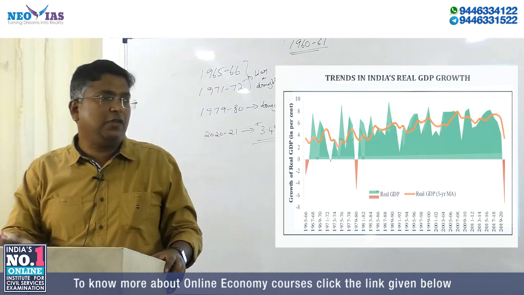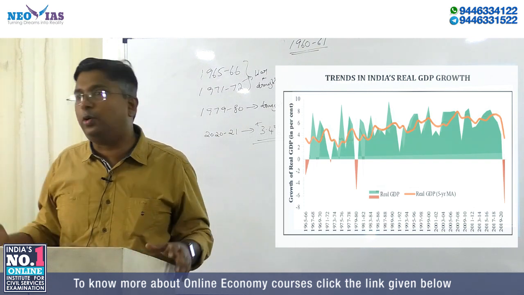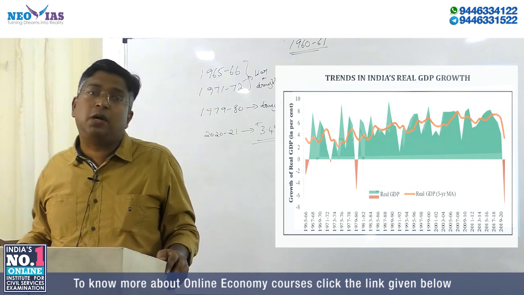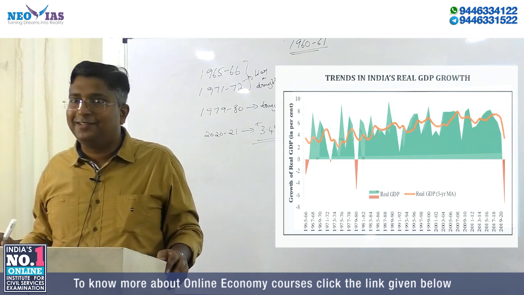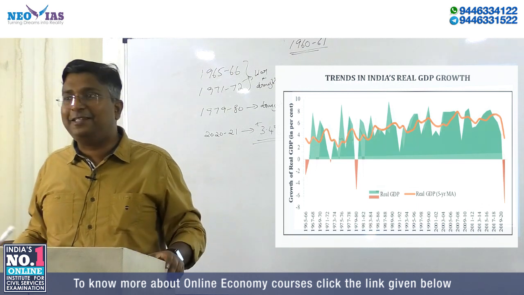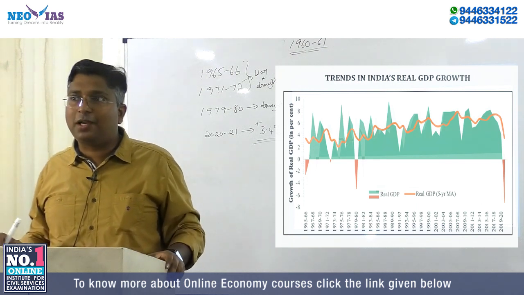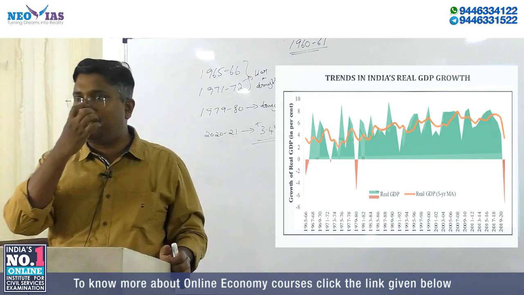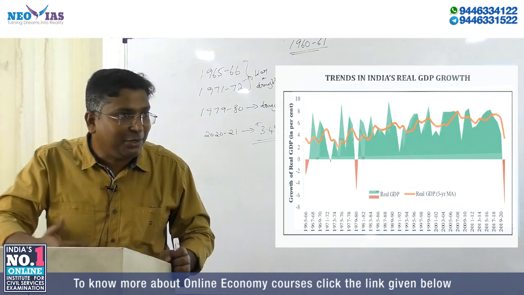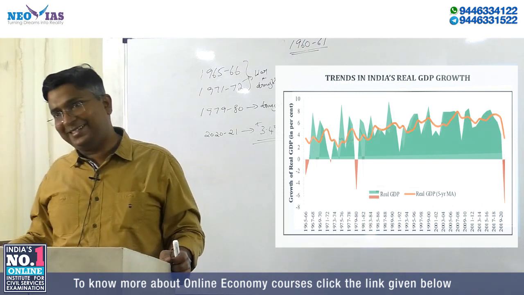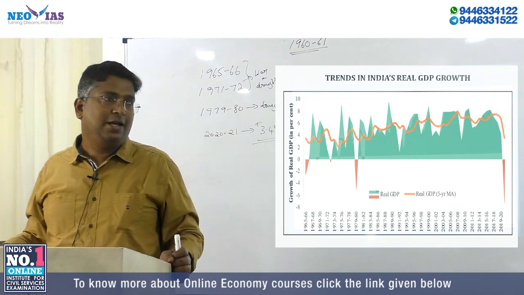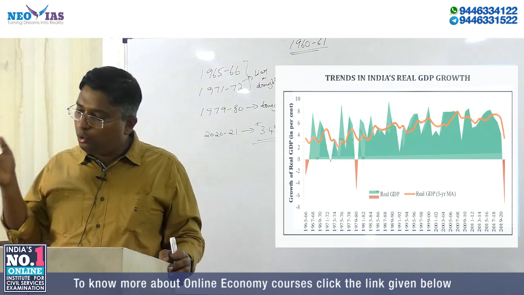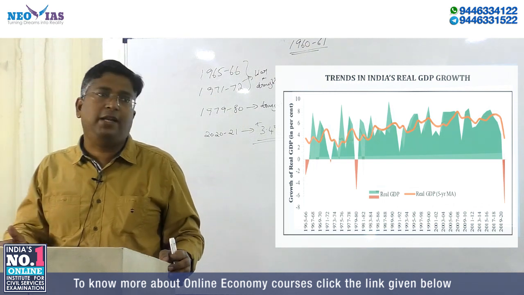It should grow, because when we grow, China is also growing. But we have a big advantage over China. You know what advantage we have? Demography. It's the demographic dividend, because we have a more young population. China is now regretting its one-child policy. Now China will have a problem, they will have more aged people. So we have that advantage if we can utilize our demographic dividend in a positive way.